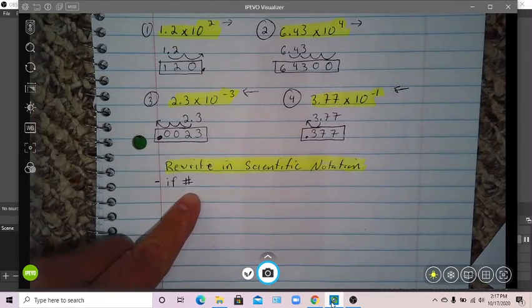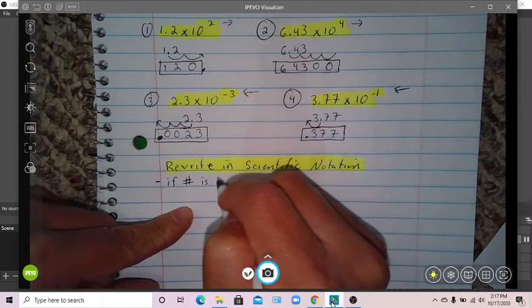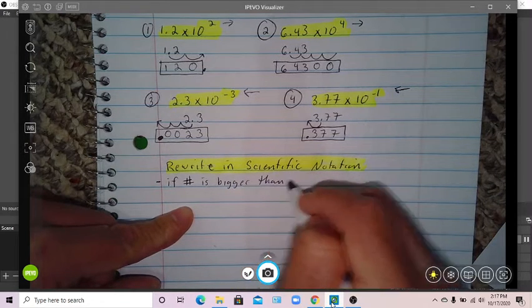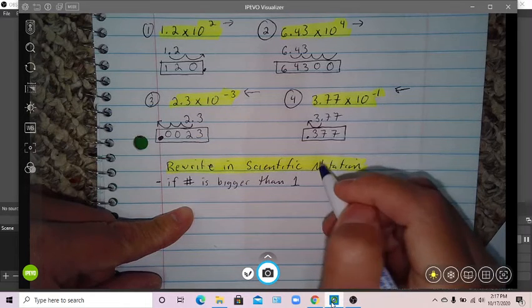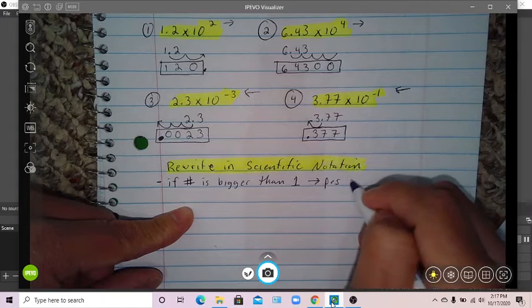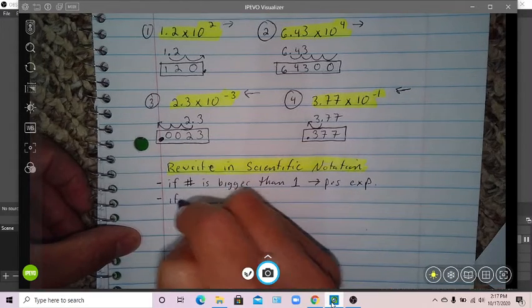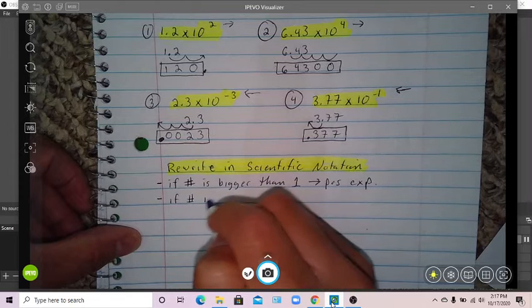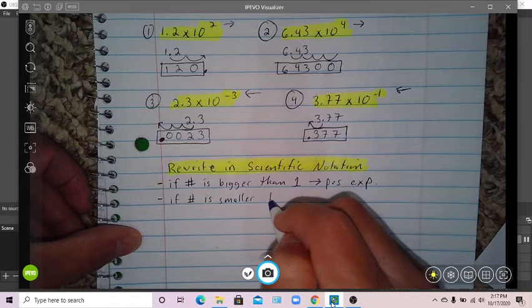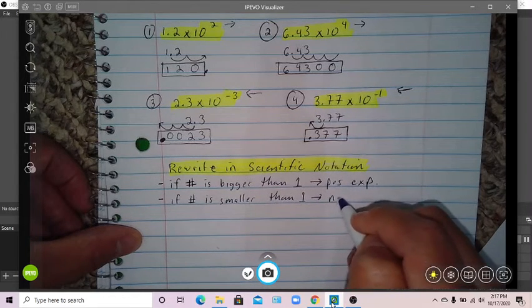If the number is bigger than 1, you have a positive exponent. If the number is smaller than 1, you have a negative exponent.